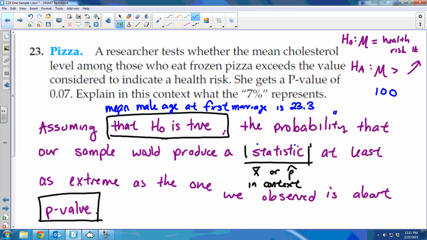The probability that our sample would produce a mean male age at first marriage, at least as extreme as the one we observed, is about 14.5%. I'm just putting into context by using the question I have. Right? Questions about that?